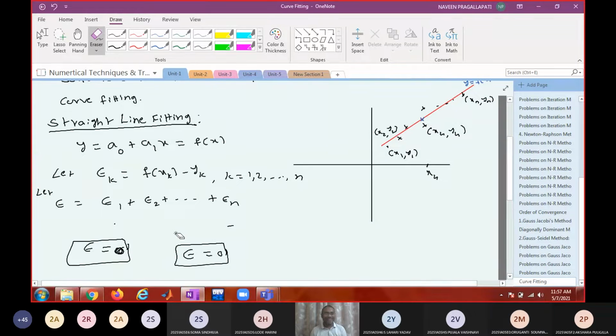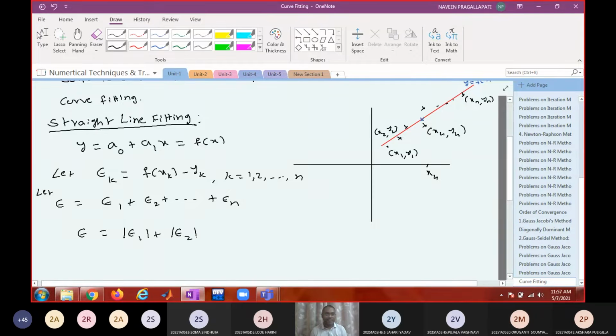Modulus. Yes, modulus is one way that is good, but the point is modulus is not differentiable. This is good, but if I want to apply some calculus operations, this modulus may be a problem to me.